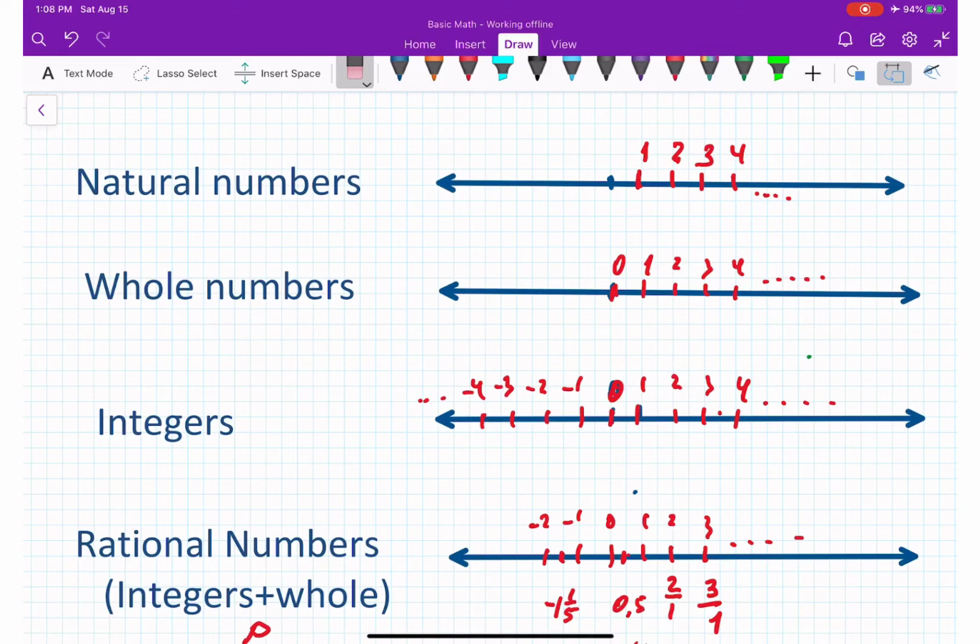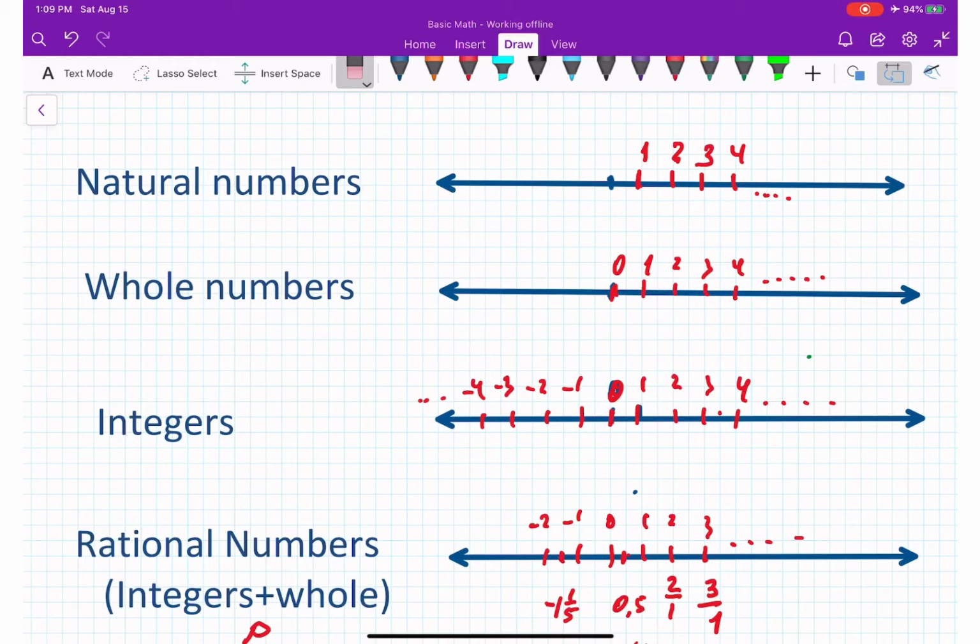Okay, well, let's understand. Start with natural numbers. Natural numbers are the numbers obtained by natural counting of objects, like when I'm counting 1, 2, 3, 4. Those are natural numbers, or rather by their numbering, first, second, third, fourth.